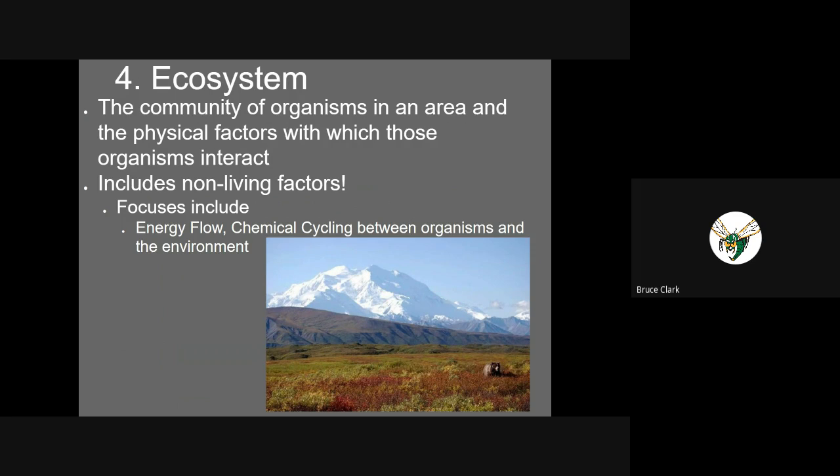But then once we start looking at things like climate and moisture and acidity of the soil and rocky outcrops and water quality, now we're talking about the entire ecosystem. Okay, so the big thing is it's going to include non-living factors. Things we're going to look at here, we'll be looking at how energy flows through ecosystems, as well as how chemicals get recycled with carbon and nitrogen, maybe a little phosphorus and water, those kinds of things.